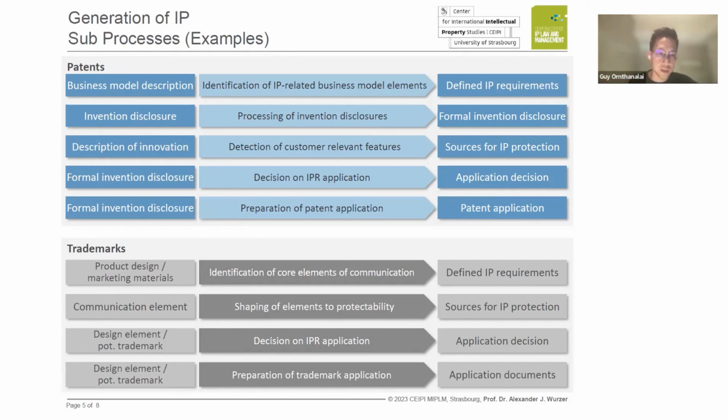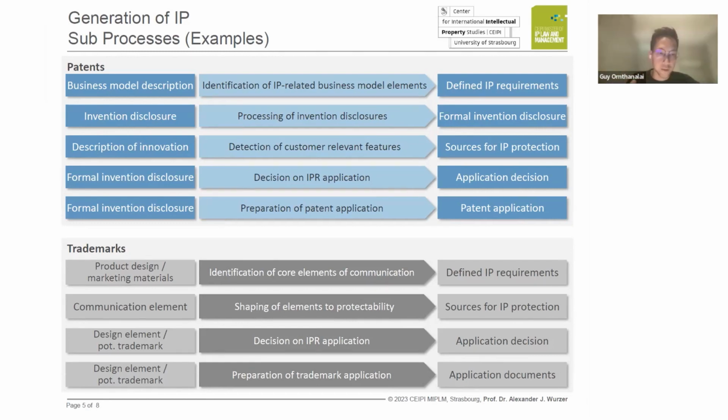And for the trademarks, we look at the product design and marketing materials as the input. The process is the identification of core elements of the communication. So that could be something related to the garage interior design, maybe parking bay design, app design, and so on. And then from that, we get the IP requirements. These are also communication elements where we look at how to protect these types of designs in the product, in the design of the garage, the parking areas, and so on.